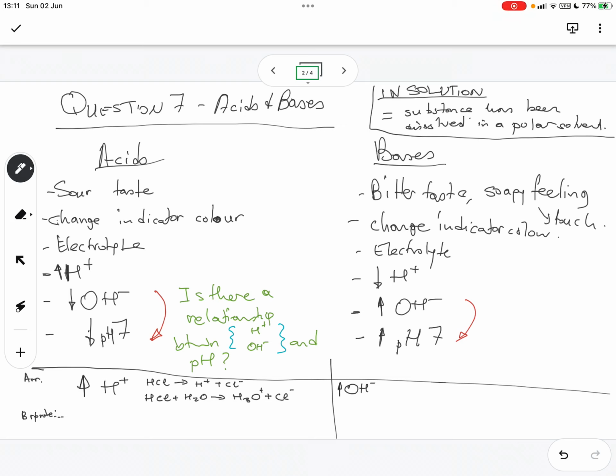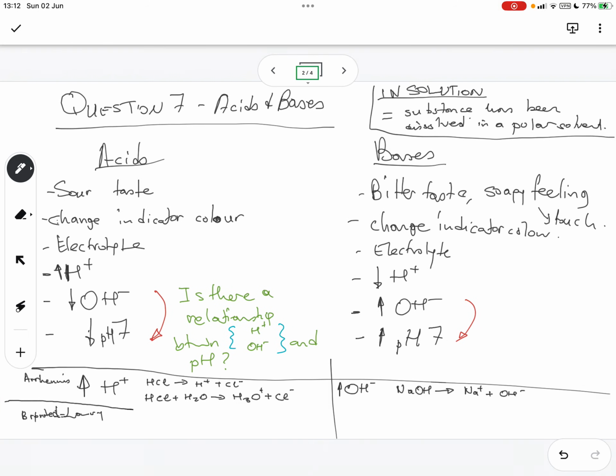Then a base releases OH ions, meaning sodium hydroxide can become sodium plus OH minus. So that's the Arrhenius model.